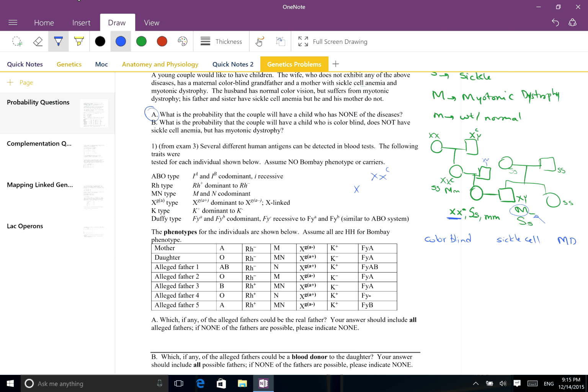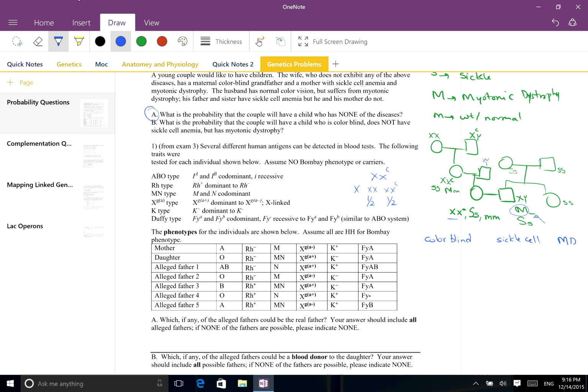So it's 1-to-1. So the probability that she is XX is 1/2, and the probability that she is a carrier is also 1/2. And then she mates with this guy who does not have the disease.